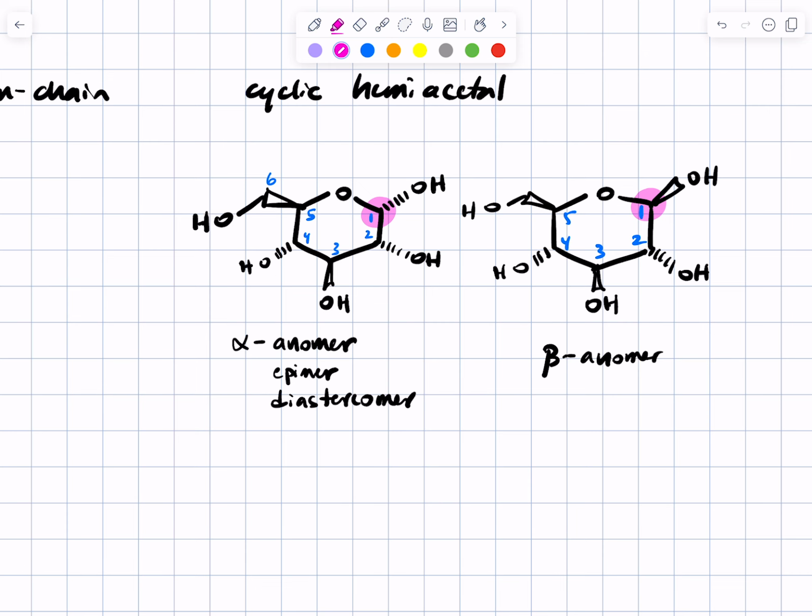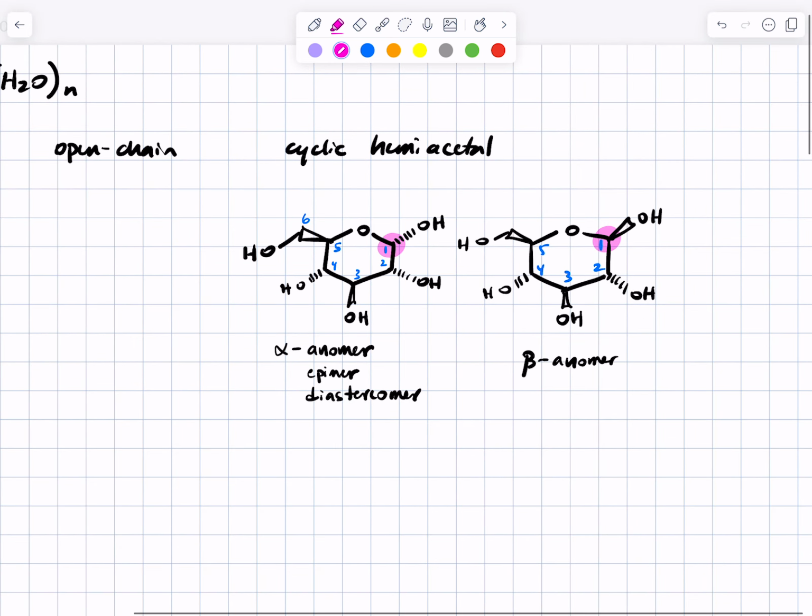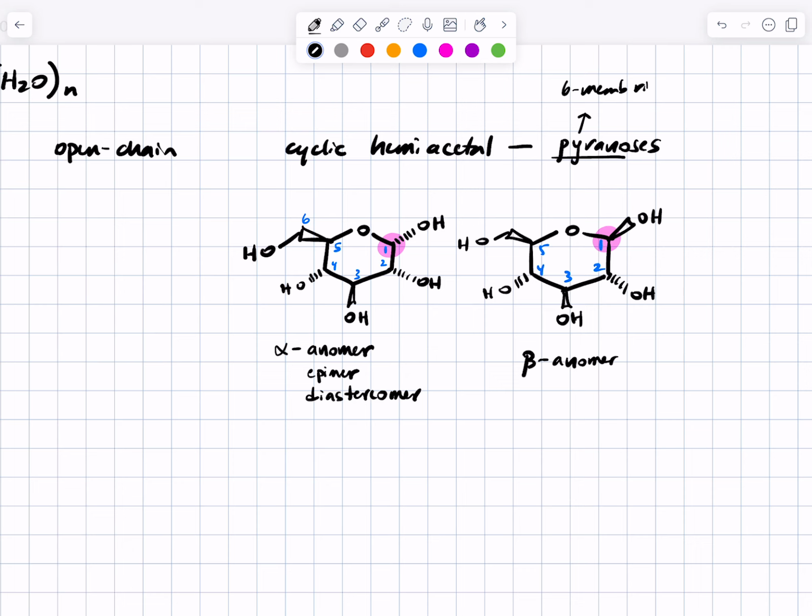Okay? So these cyclic hemiacetal forms are called pyranoses. Pyran means a six-membered ring containing an oxygen.